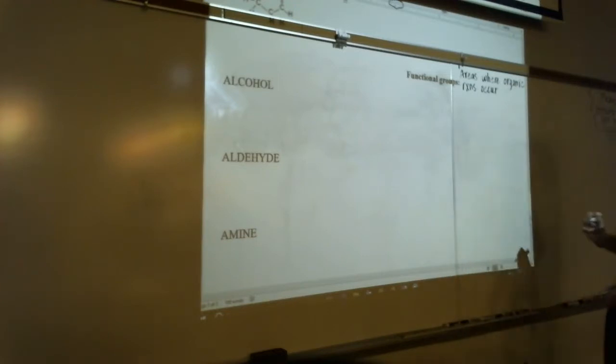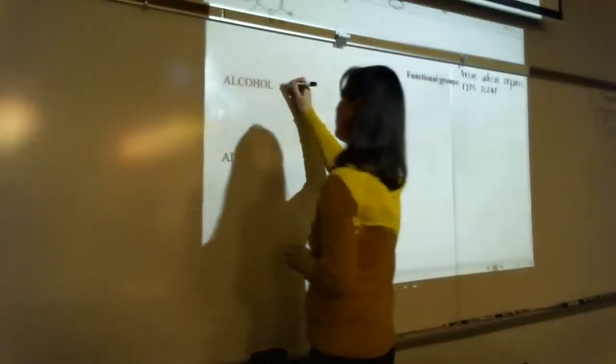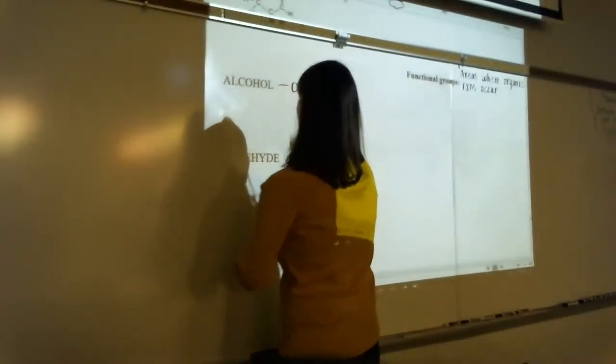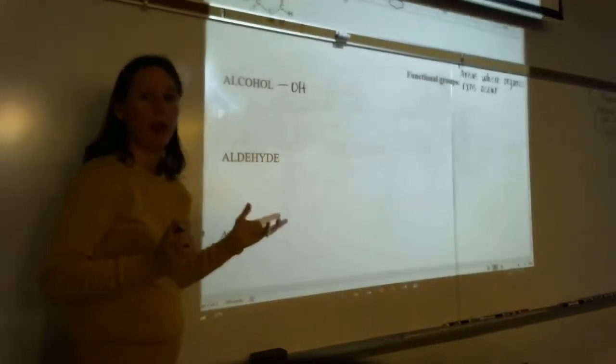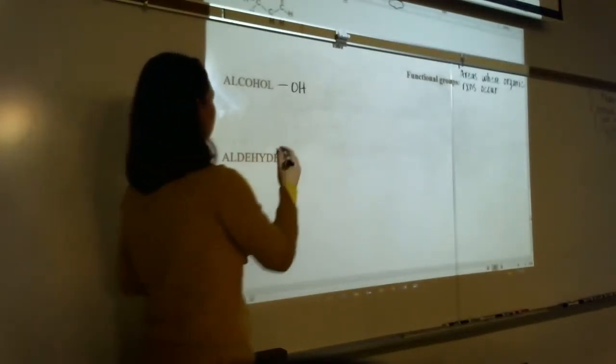That's why we call it functional groups. There's a function, organic reaction, that takes place at that part of a molecule. Okay? So an alcohol looks like OH, where this could be whatever the molecule is. Okay? So let's draw a couple molecules that contain alcohols.